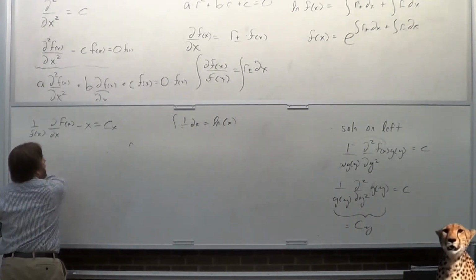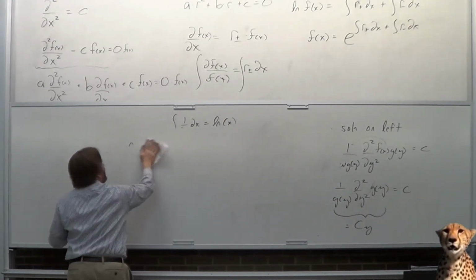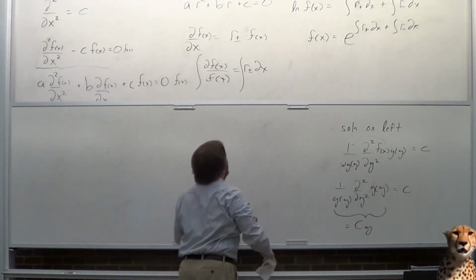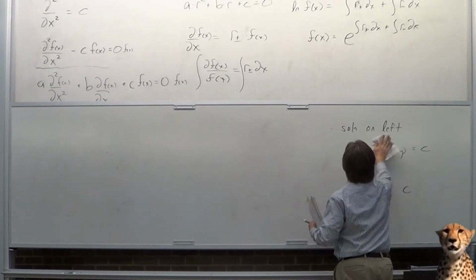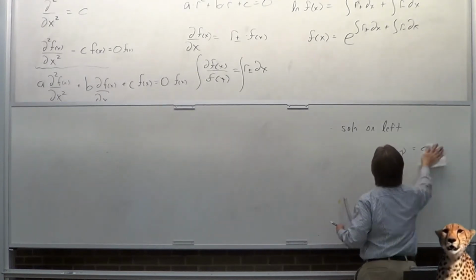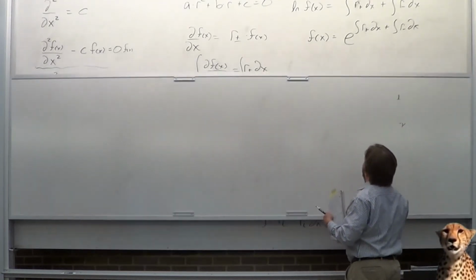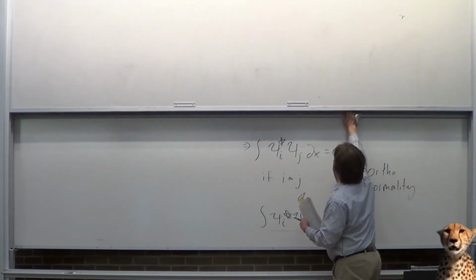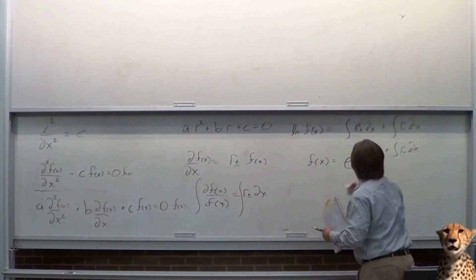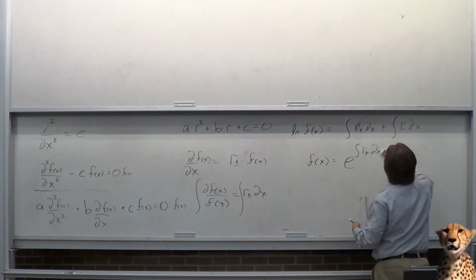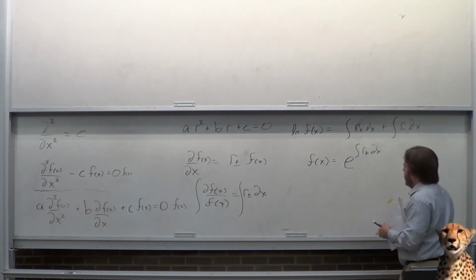Actually, wait a minute. I think I made a mistake. I made a slight mistake there. It's not, no, it's e. No, I made a mistake. Let me bring this back down. Sorry, I'm kind of speaking out of my rear end here. That's one solution.